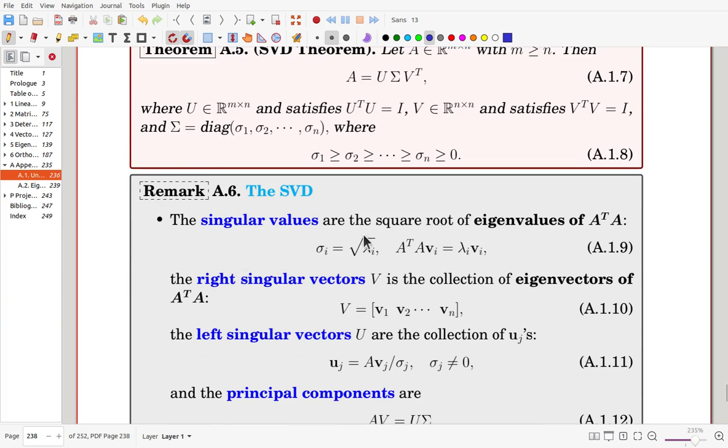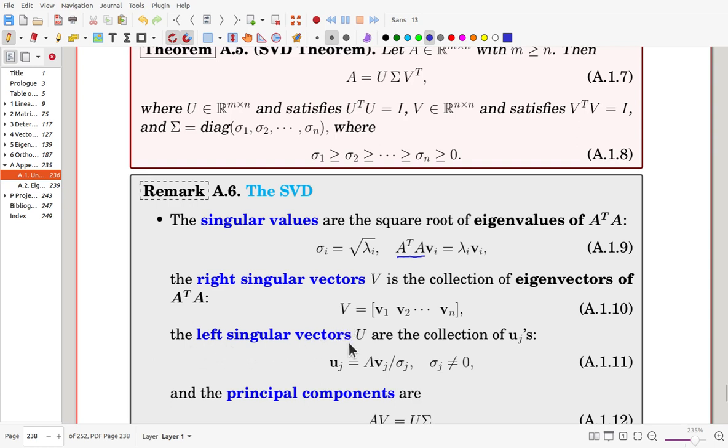The singular values are the square roots of eigenvalues of A transpose A. First we get eigenvalues and eigenvectors of A transpose A and take a square root to get the singular values. The collection of these singular values will make the diagonal matrix sigma. Right singular vectors: V is the collection of eigenvectors of A transpose A. So we collect these eigenvectors to form the right singular vectors.